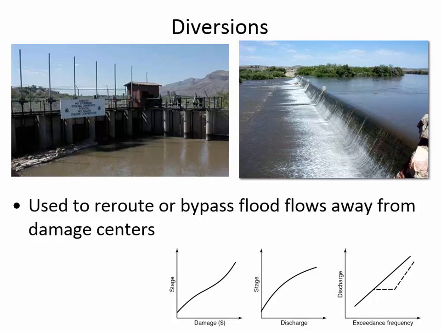So here's another one, a diversion. In a diversion, what you're trying to do is reroute the water away from a really risky area. The idea of a diversion would be, if we were trying to protect Huntington, what we have right now is a flood wall. But instead of a flood wall, a diversion could be used like this.